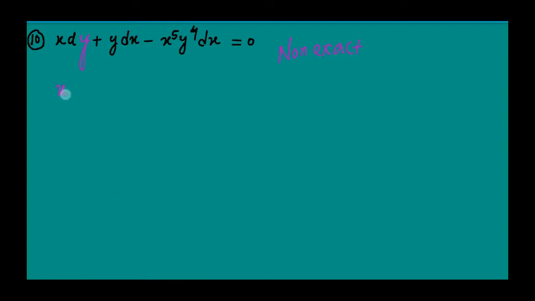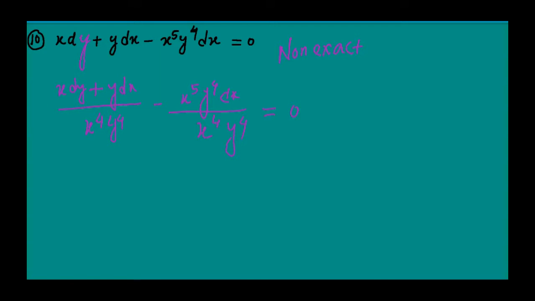Suppose (x dy + y dx)/(x⁴y⁴) − x⁵y⁴ dx/(x⁴y⁴) = 0. And why have I divided by x⁴y⁴?